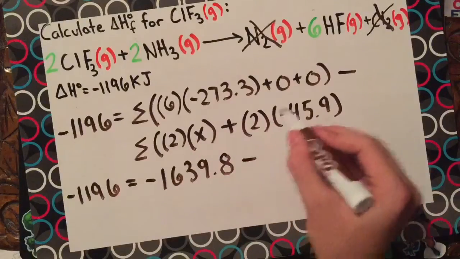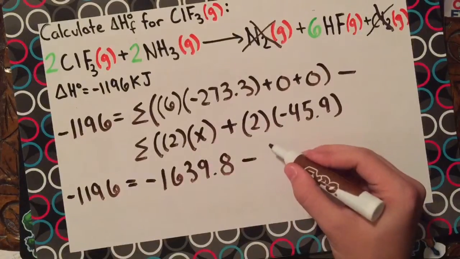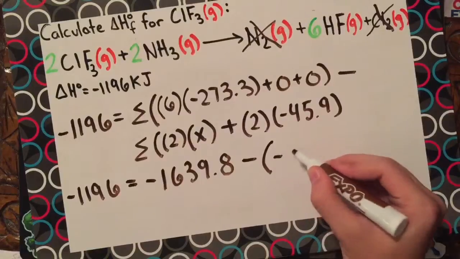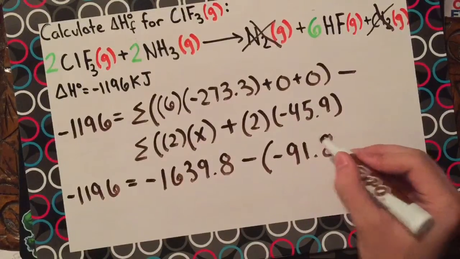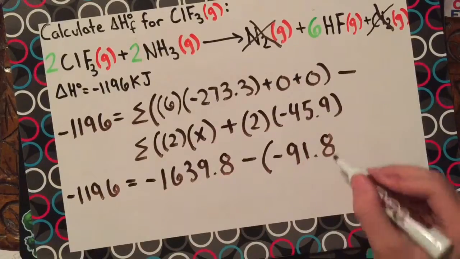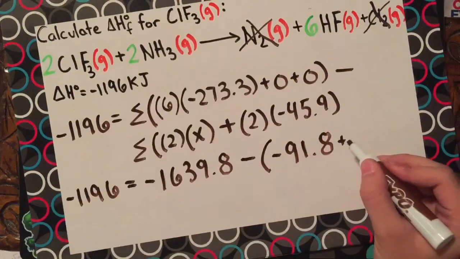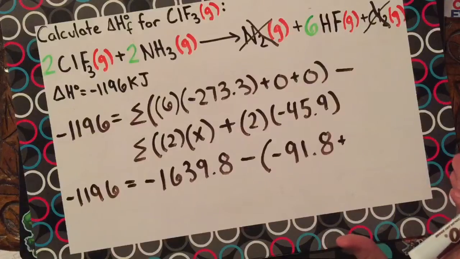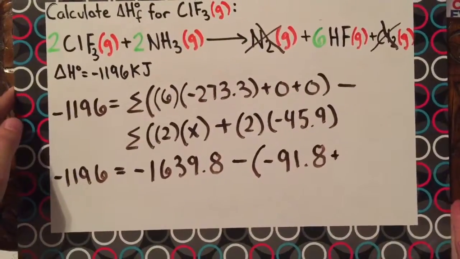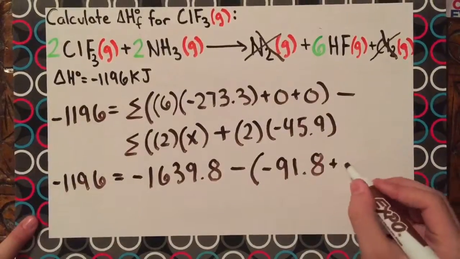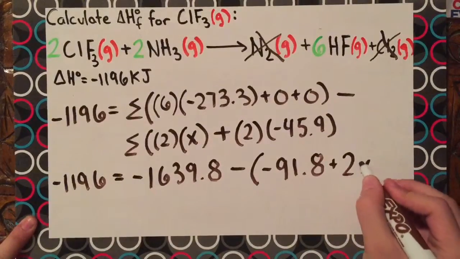So right here, if we were to put this together, we're going to have negative 91.8, which is this part, plus 2x.